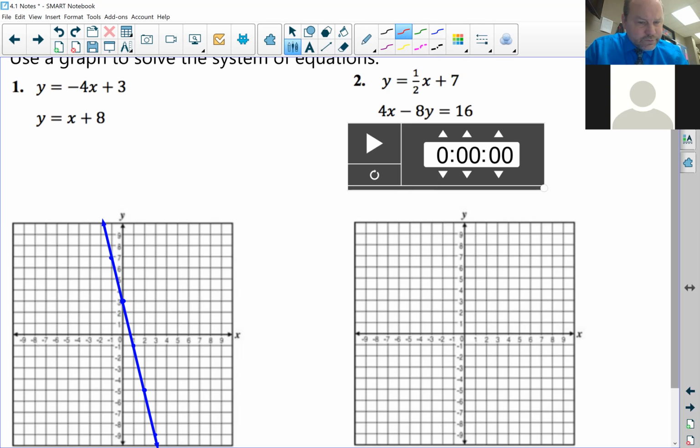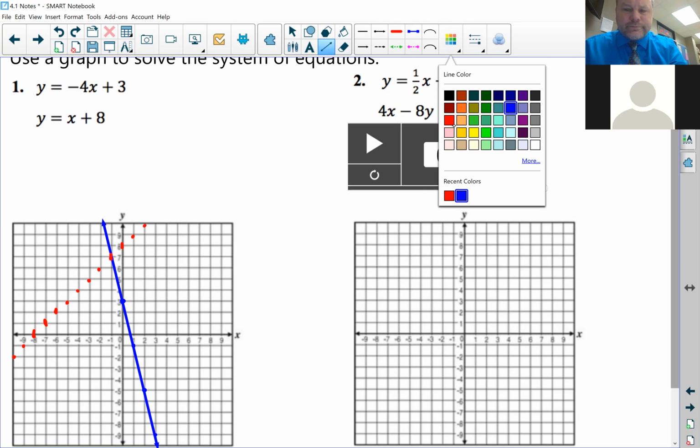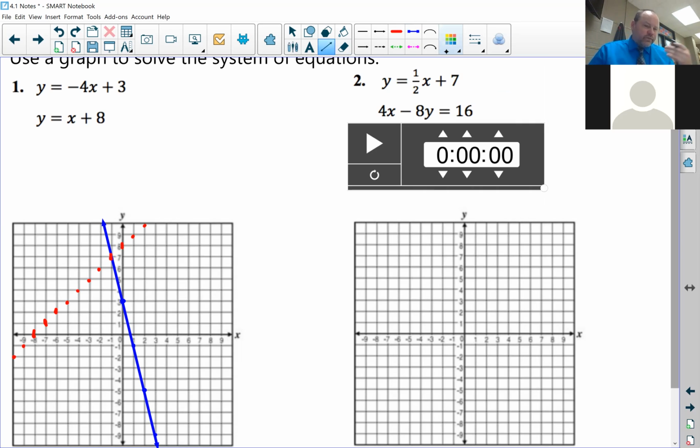And 8 is up 1. On your homework, if you're plotting points in Schoology on a homework assignment, you actually don't have to draw in the point.